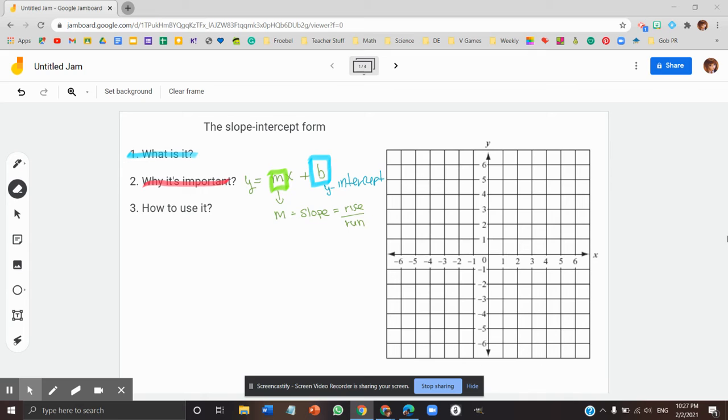So if I have an equation, for example, any equation at all, let's say I have y equals 2x plus 1.